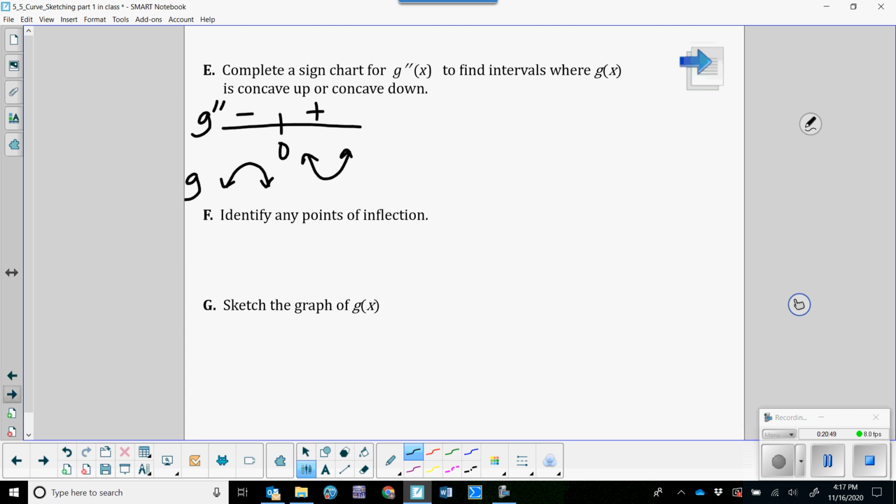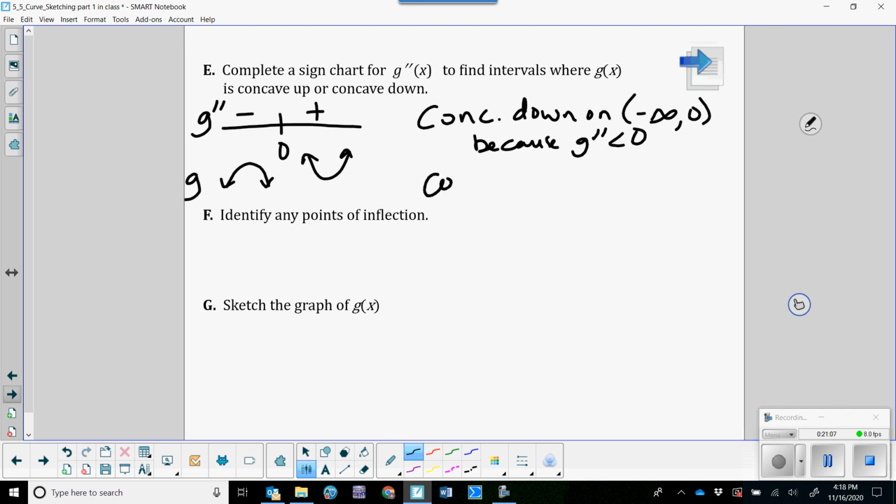And then when I answer my question, again, concave down on negative infinity to 0 because g double prime is less than 0. Concave up on 0 to infinity because g double prime is greater than 0, okay?